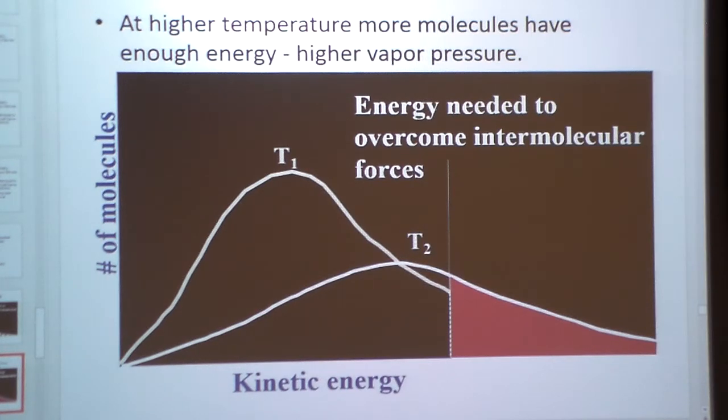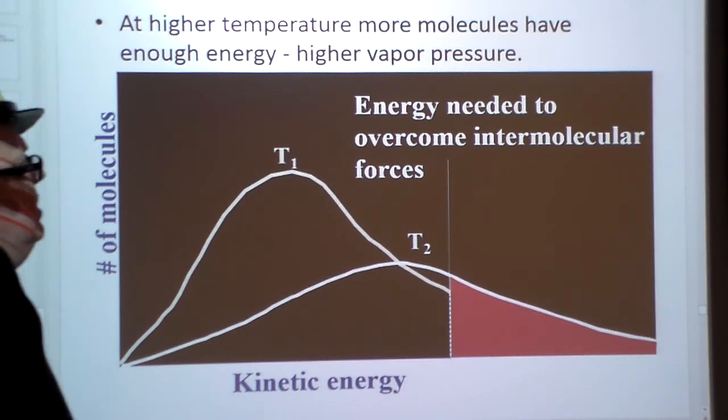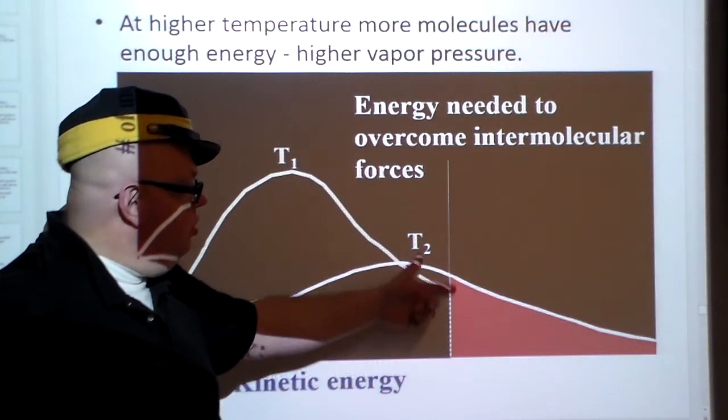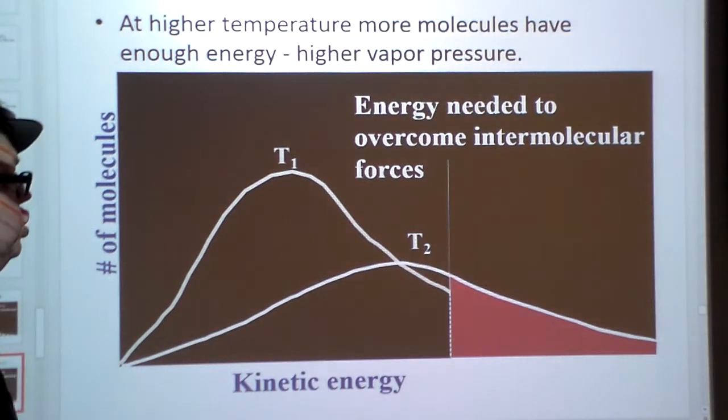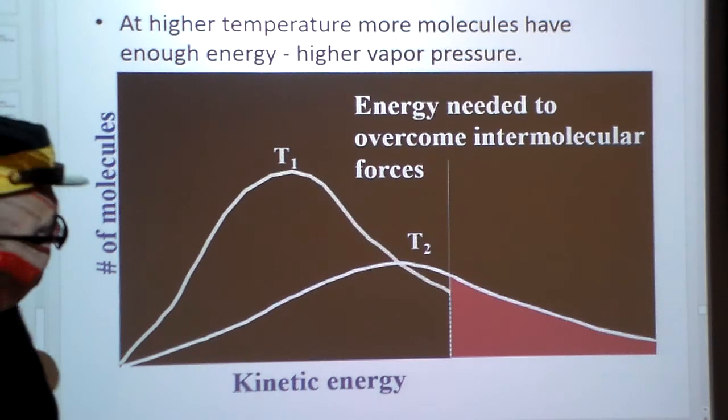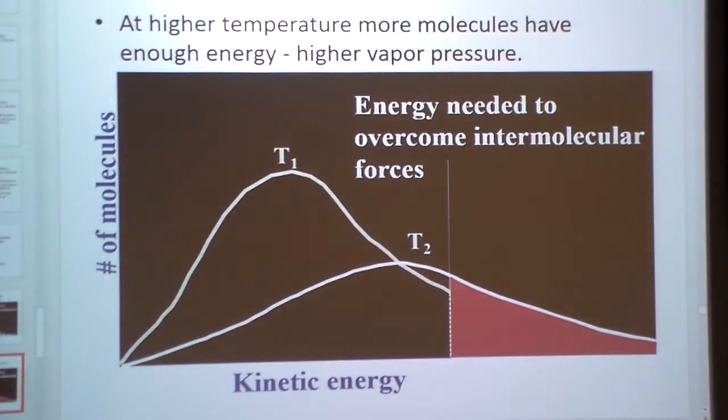That means more molecules have enough energy, thus you have a higher vapor pressure. Okay, now it's the energy needed to overcome those intermolecular forces. So when you look at it at a different temperature, that temperature is definitely a factor in there, in whether you have a higher or lower vapor pressure.